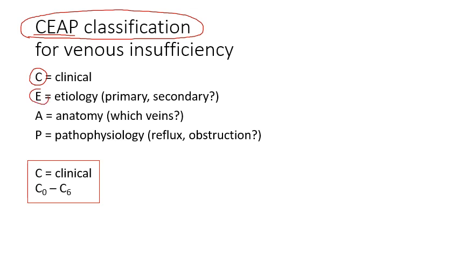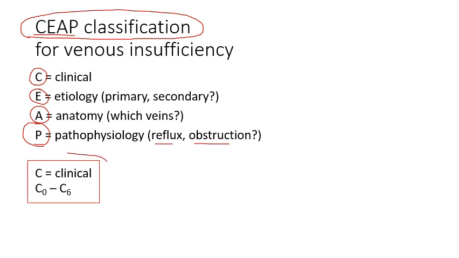The origin of the venous insufficiency, is it primary or secondary? The anatomy, which of the veins are affected: the superficial veins, the deep veins, or the connection between them called perforating veins. And finally, pathophysiology, is this reflux, is it obstruction, is it both?